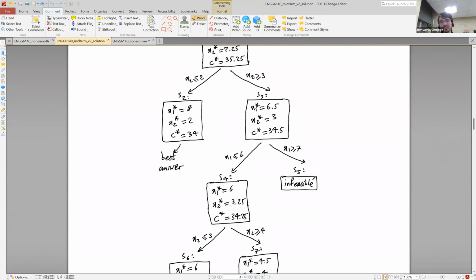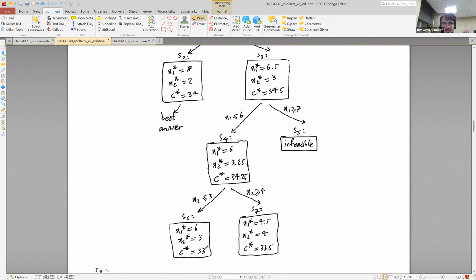And all of these children, even if we found integer solutions for them, will have a worse cost than this subproblem 2. Again, for example, compare here. This also verifies what I'm saying. So c star here in subproblem 6 is 33, but in subproblem 2 is 34. Of course, 34 is larger than 33. So we don't need to continue that.